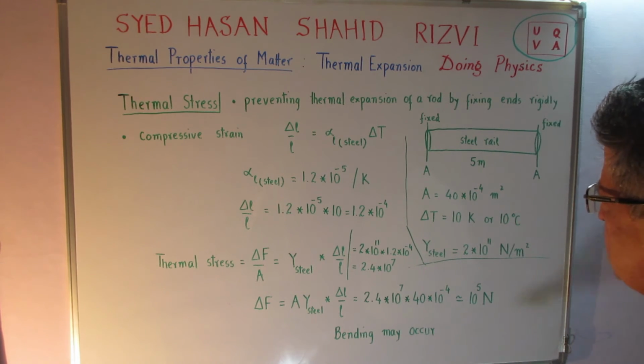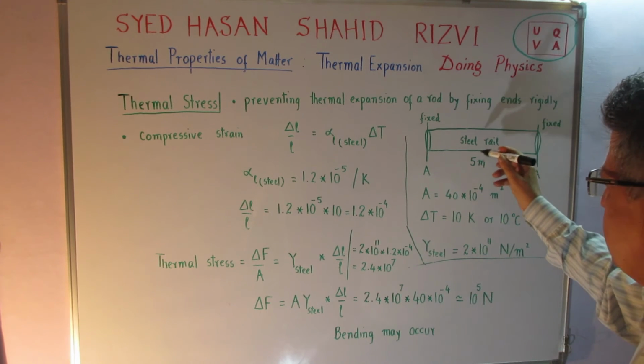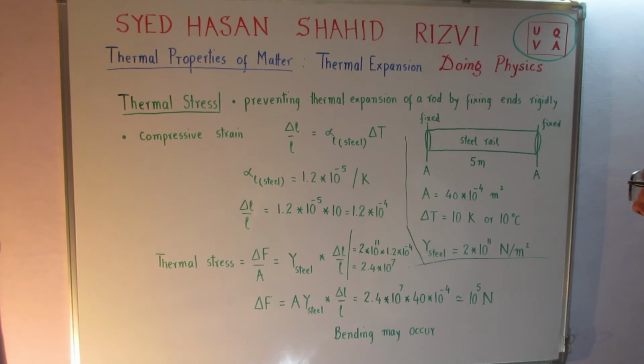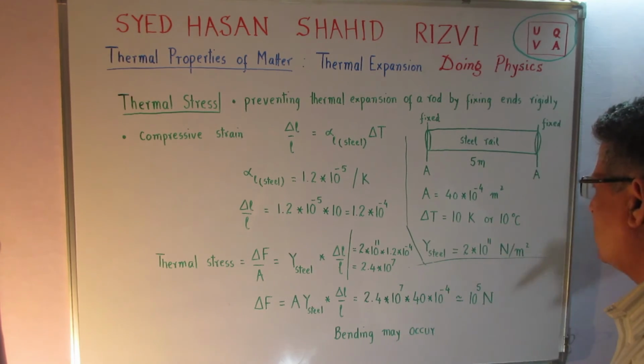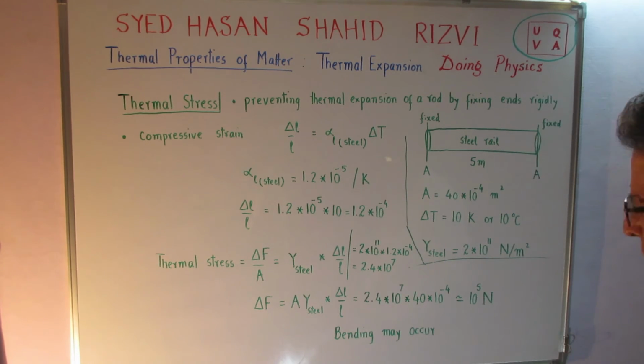Here I am taking a steel rail of length 5 meters, with a uniform area of cross section of 40 into 10 to the power minus 4 meter square, that is 40 centimeters square.